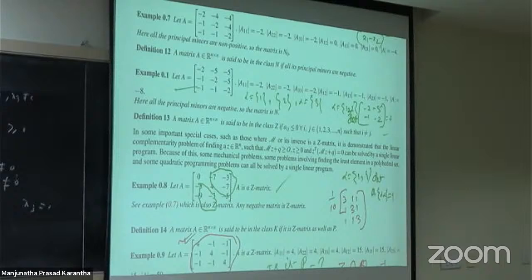But any non-negative matrix will not give Z intersection P. So then, can you find out the class of non-negative matrices which will give this?